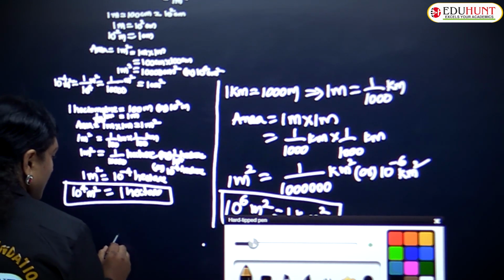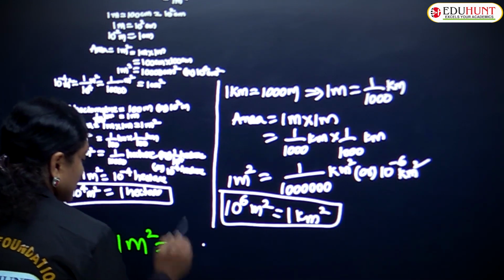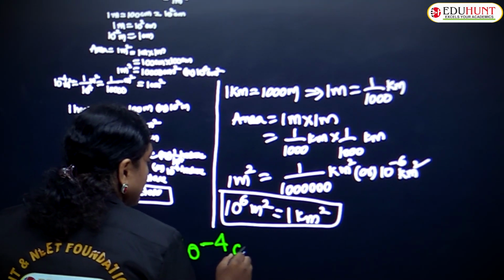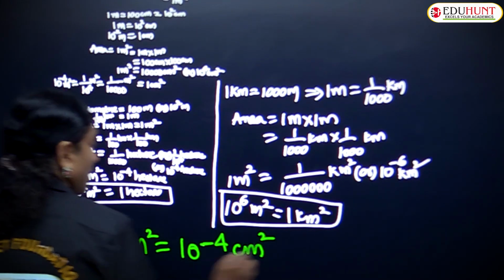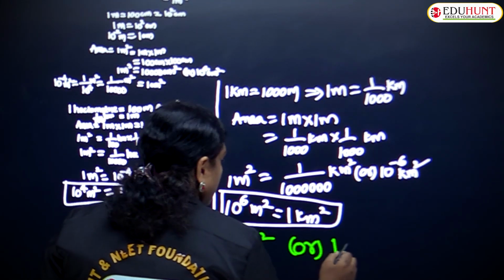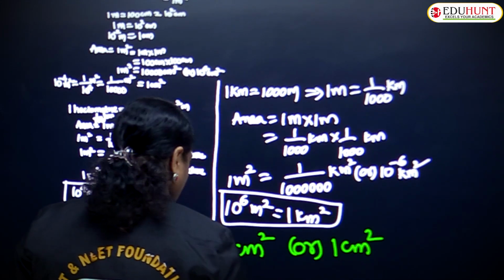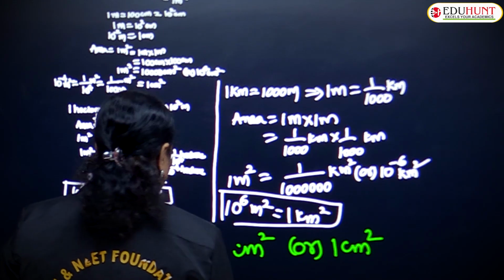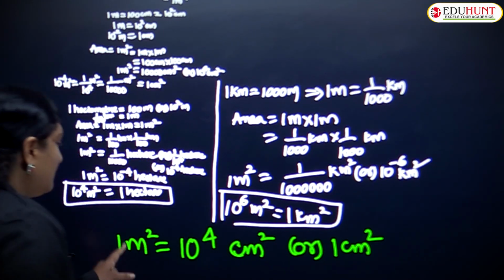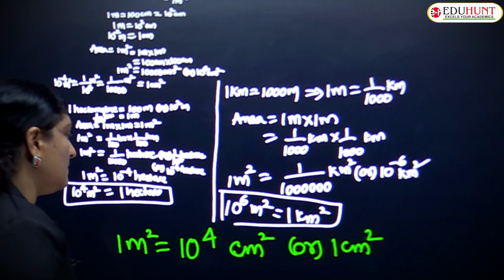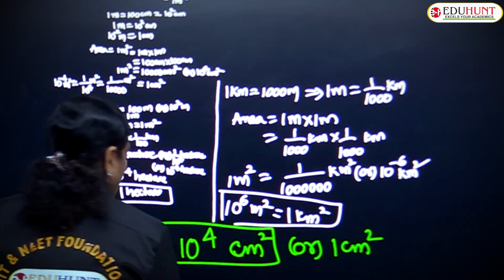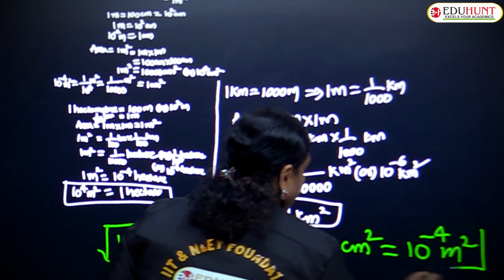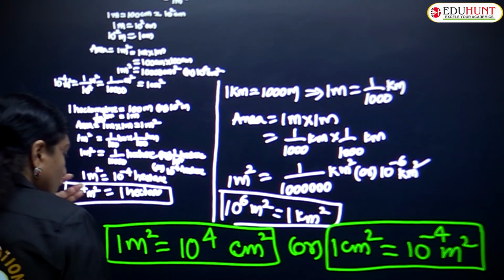Case 1: 1 meter square is equal to 10 power 4 centimeter square, or 1 centimeter square is equal to 10 power minus 4 meter square.